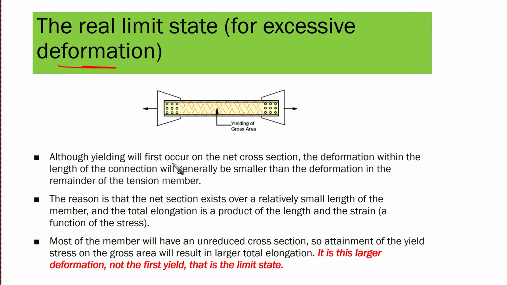So the real limit state of the excessive deformation, let's go deeper and understand it. Although yielding will first occur on the net cross-section, the deformation within the length of the connection will generally be smaller than the deformation in the remainder of the tension member.